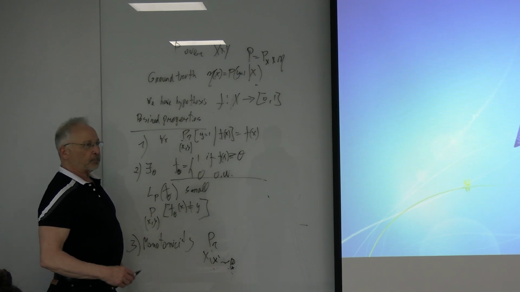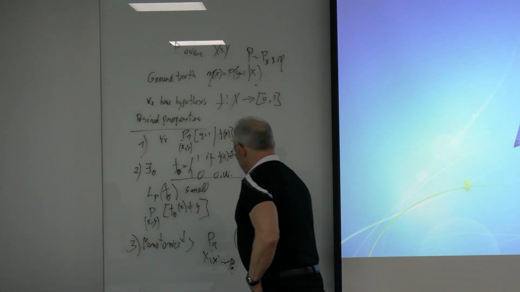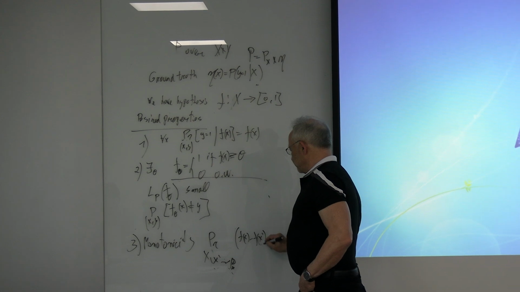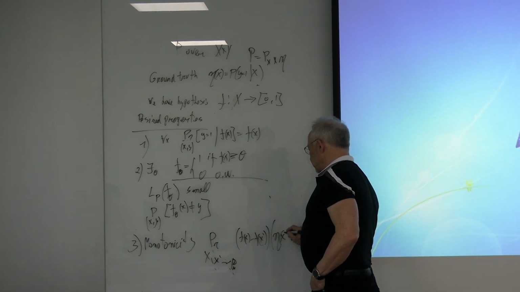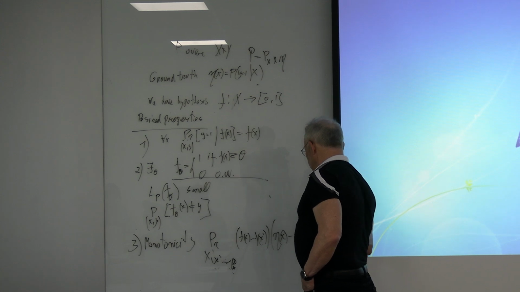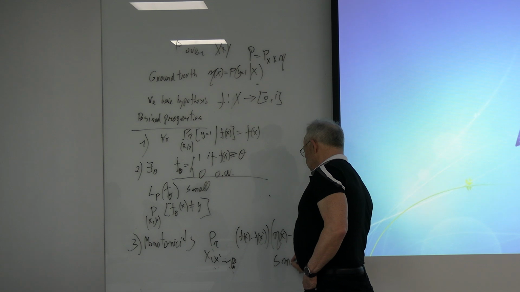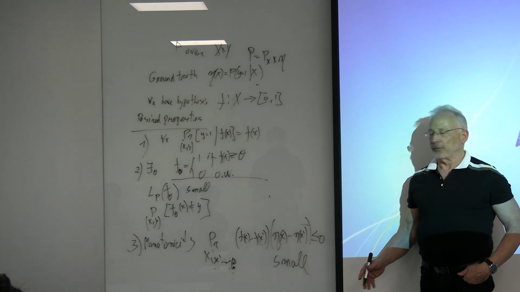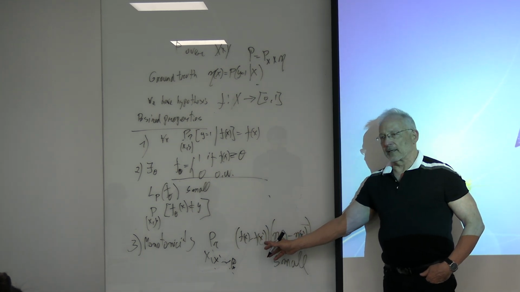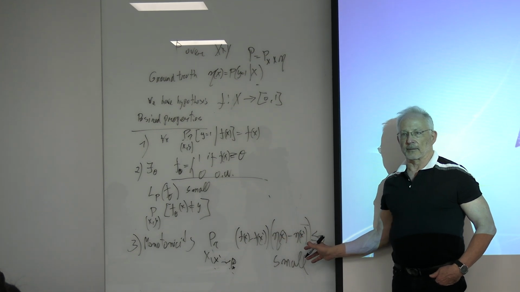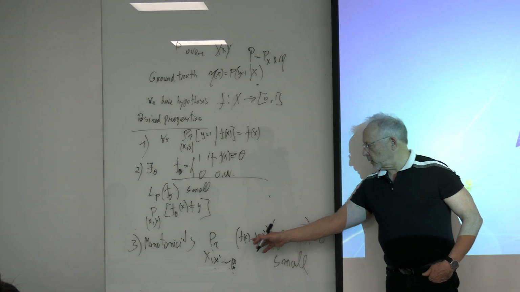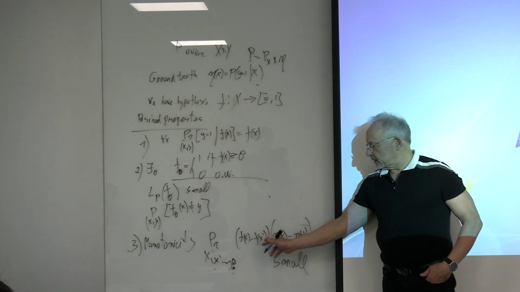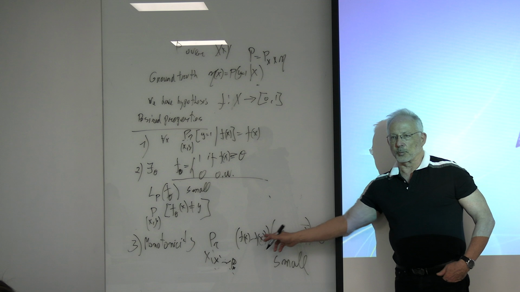I want the probability that f of x minus f of x prime times eta of x minus eta of x prime is less than or equal to 0 to be small. You see, this product is positive if whenever f of x is greater than f of x prime, then eta of x is greater than eta of x prime. Or whenever this is smaller than this, then this is smaller than this. So the bad case is that one of them is bigger, but the other one is smaller. The bad case is that the product is negative.